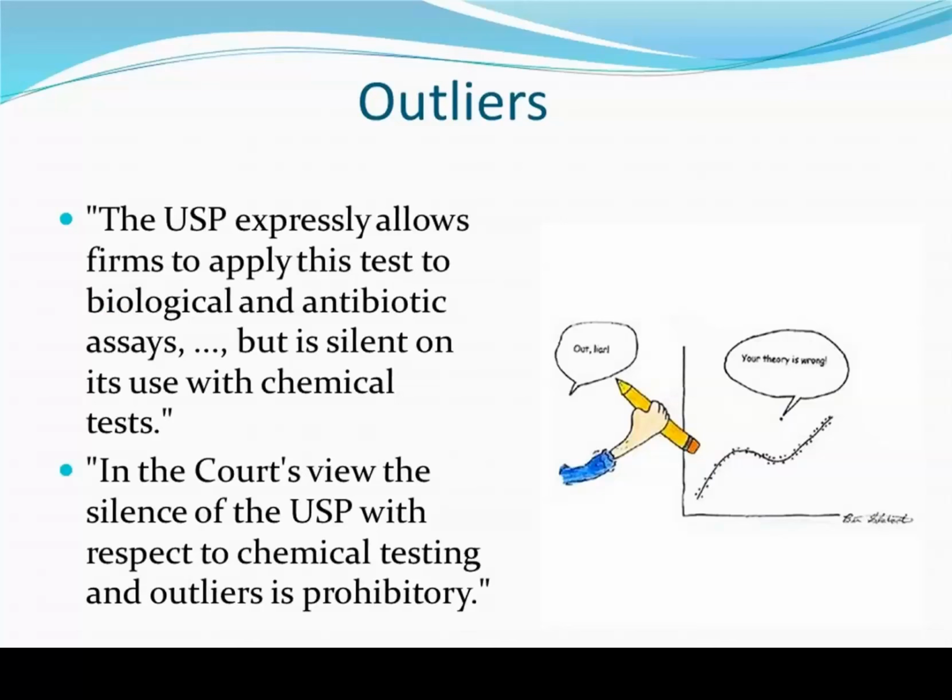But in the court's view, they assumed that because the USP was silent on this piece, it was prohibitory. So because it's not mentioned in the USP, the court viewed that it was not allowed to be used on chemical data.